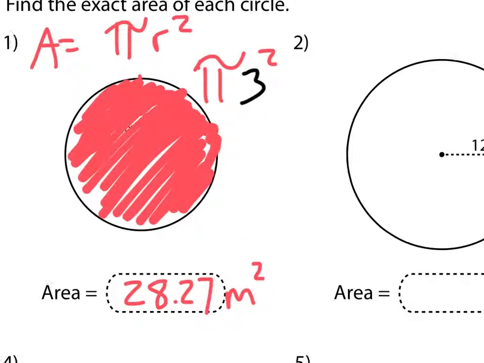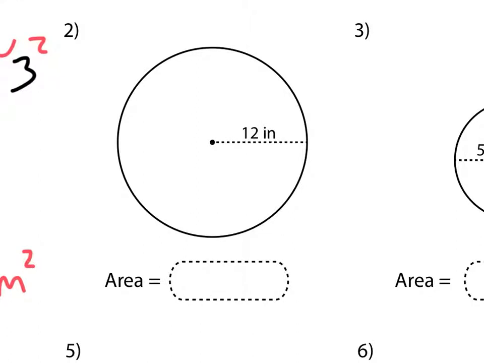Let's take a look at another problem. So here I see we have the radius, and in this case, the radius is 12 inches. So the formula for area is pi and then r squared, but instead of r, we're going to write 12 squared.